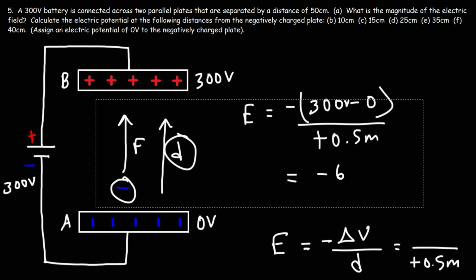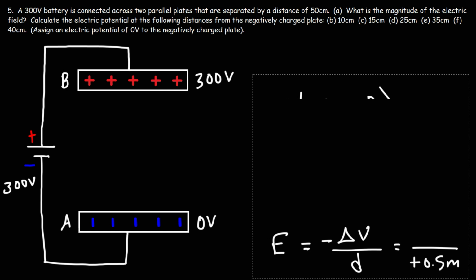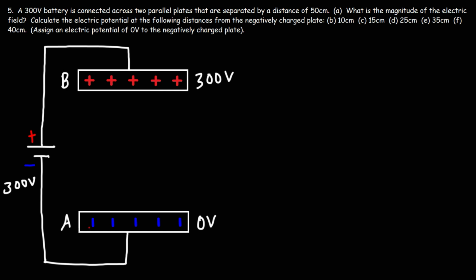So now let's move on to the second part of this problem. So the magnitude of the electric field is 600 volts per meter. Remember, if you're looking for the magnitude, make the answer positive. What about calculating the electric potential at the following distances from the negatively charged plate?